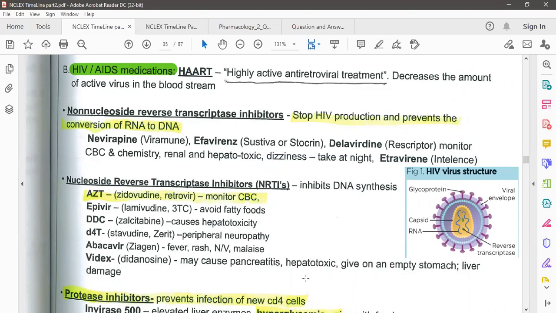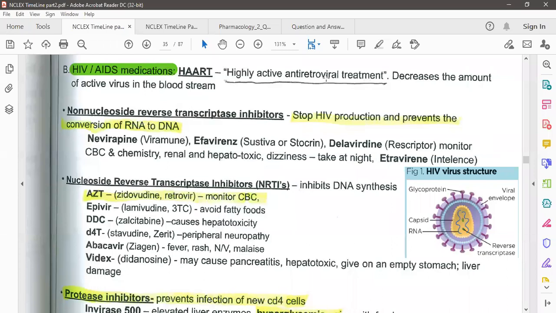Here I'm going to explain some medications we use for the patient. An easy way to remember: HAART. HAART stands for highly active antiretroviral treatment.